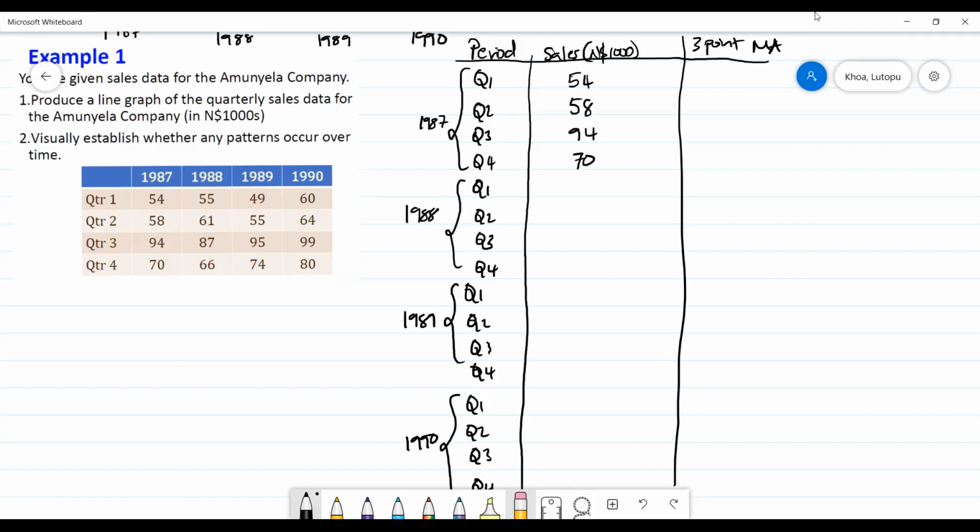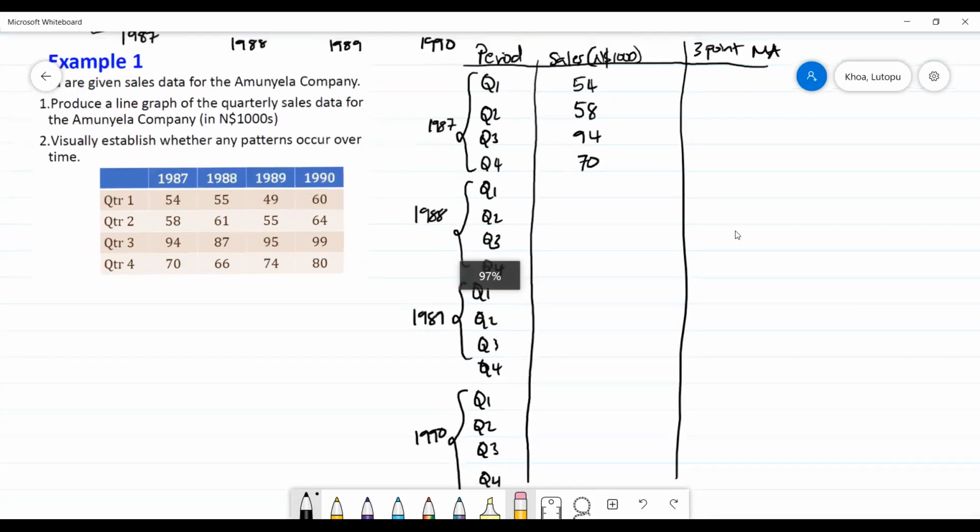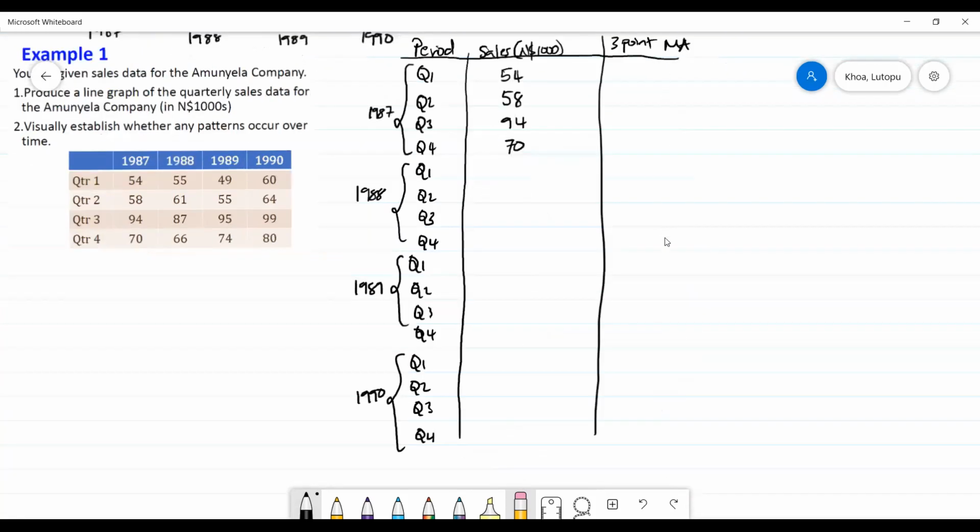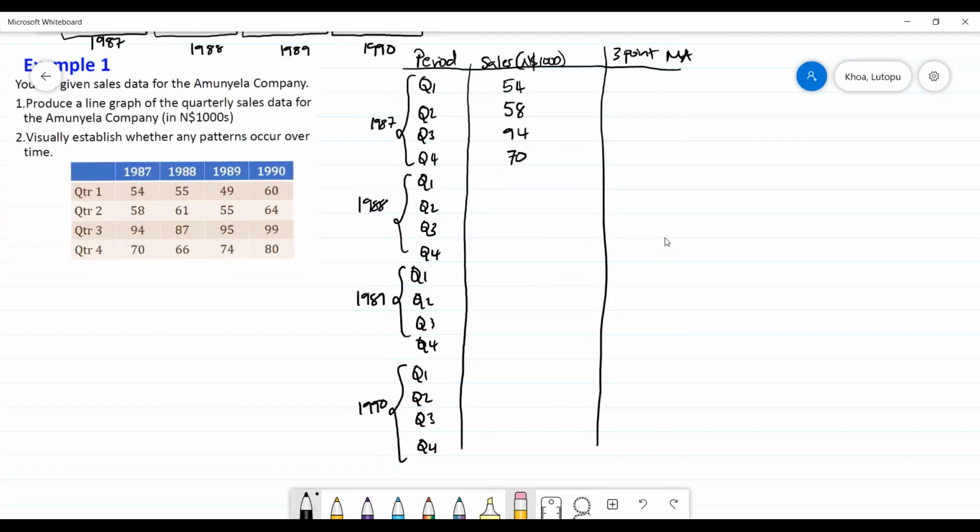I think I need to make this a little bit smaller so we can see everything all at once. Okay, then 55, 61, 87, 66, then 49, 55, 95, and 74, 60, 64, 99, and 80.